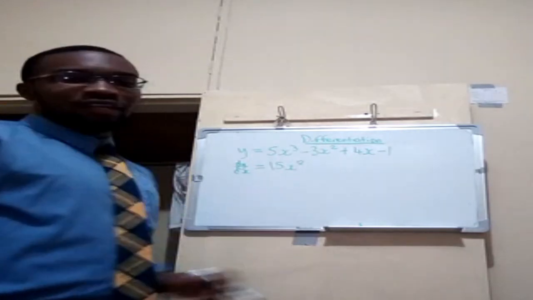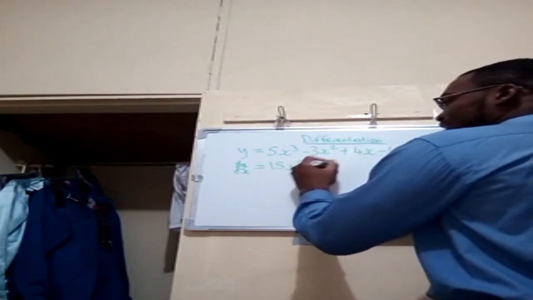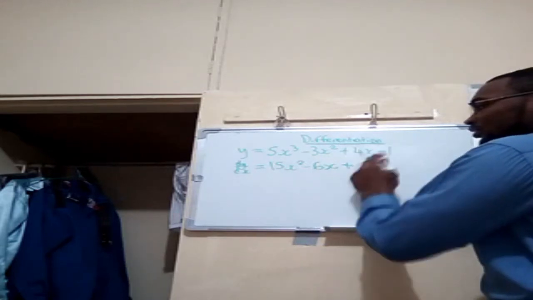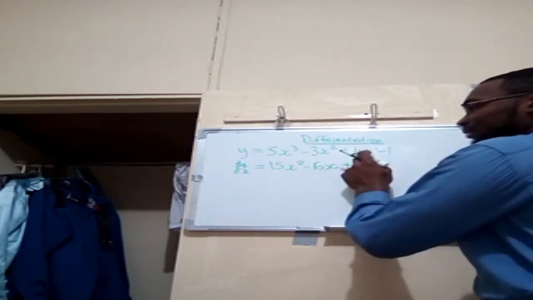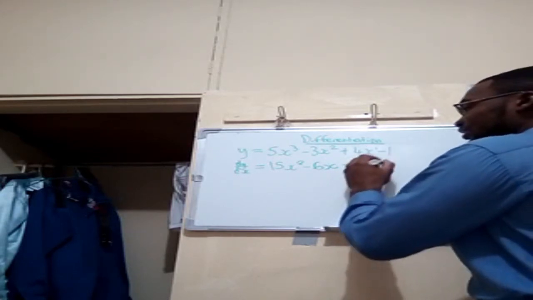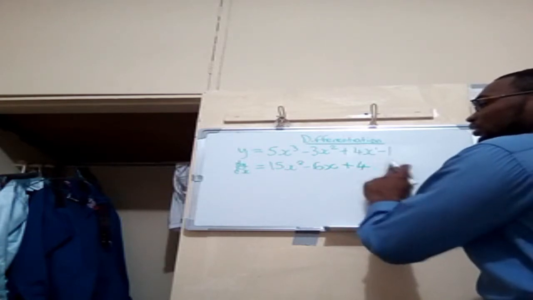Now we have 3x squared, so we carry down the power, so we get minus 6x, subtract 1 from the power, plus, this is really 4x to the 1, so we bring down the 1, 1 times 4 is 4, and then we get x to the 0. X to the 0, as we know, is 1, so we can just put plus 4.